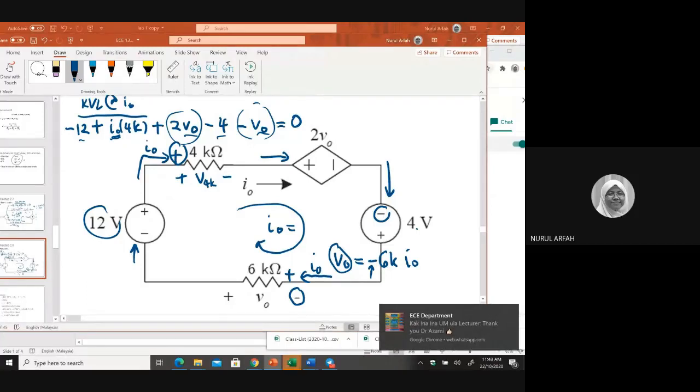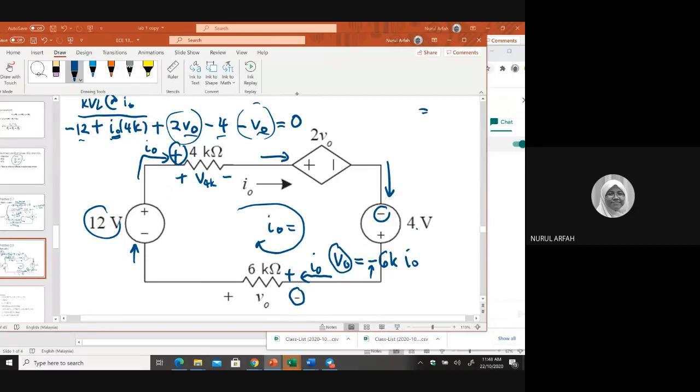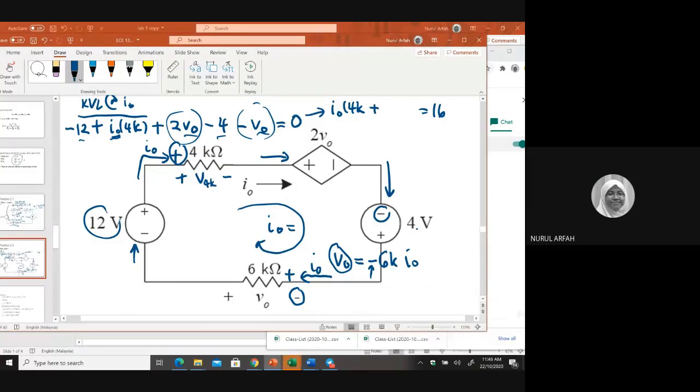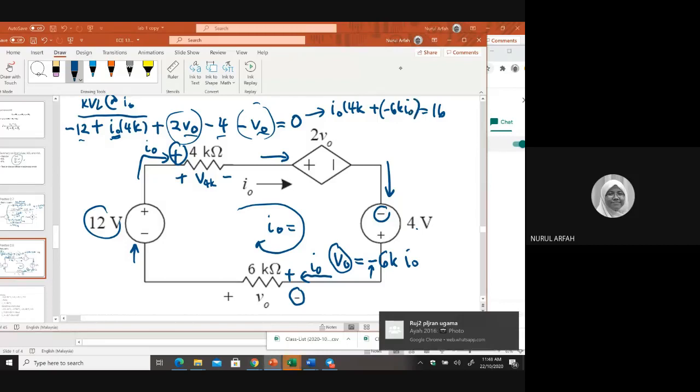But if you rearrange first, you have 16, and you have I naught of 4K, and then you have 2 minus 1, you have 1 V naught or negative 6K I naught.